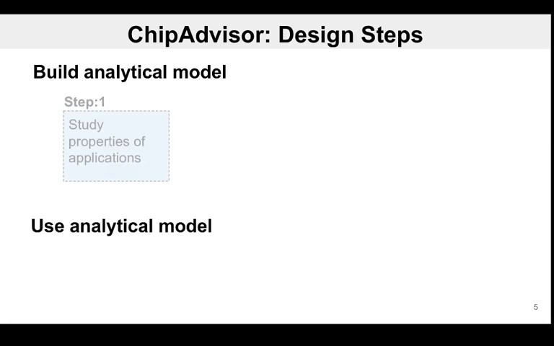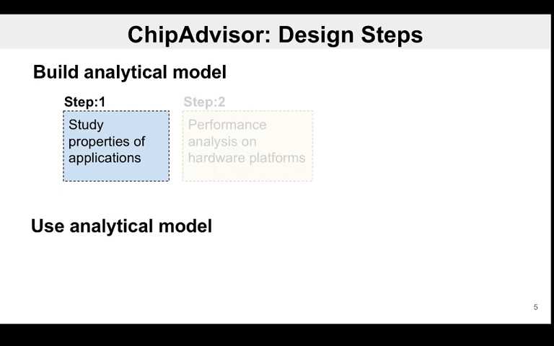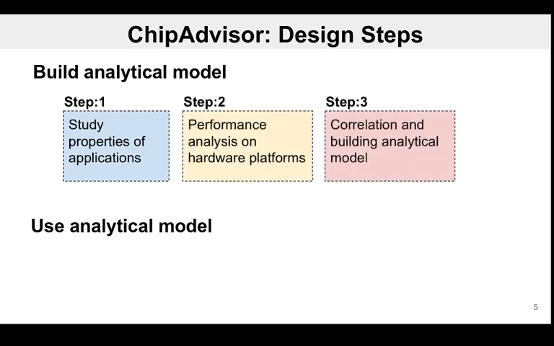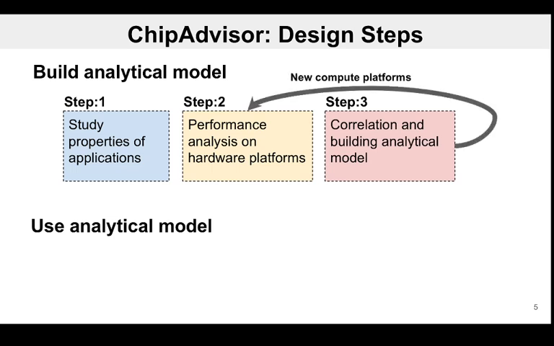Our design strategies are to first start with studying properties of application that make them suitable for a specific type of microarchitecture. Then do performance analysis on an existing platform. The last step will be to correlate properties of applications and their performance on available platforms to build the model. Then if we have a new compute platform, we need to do performance analysis again.